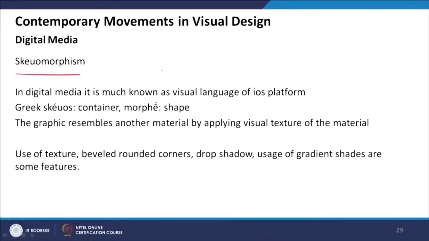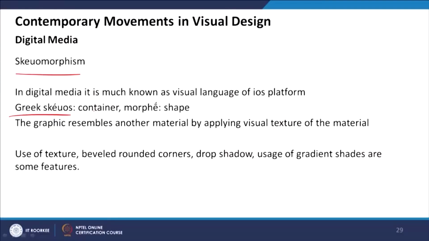The next style, which developed from the iPhone and iOS devices, is skeuomorphism. Skeuomorphism was connoted in the initial iPhone design style, when Steve Jobs started talking about a particular design style that would be different from the pixelated design style, and would mimic the exact texture and color of a particular material.